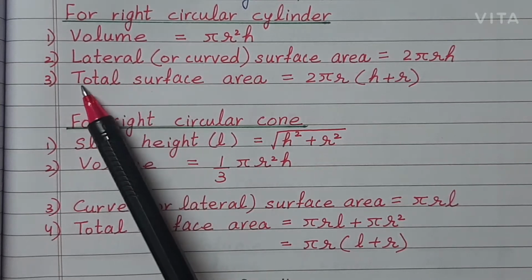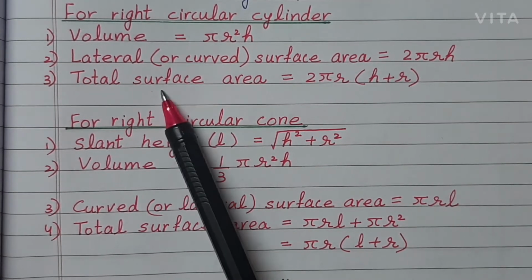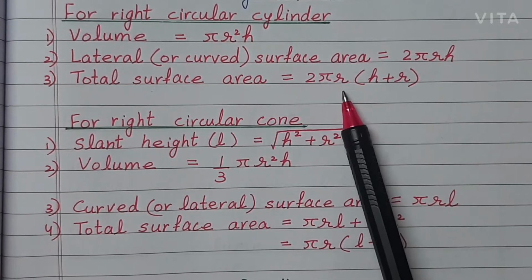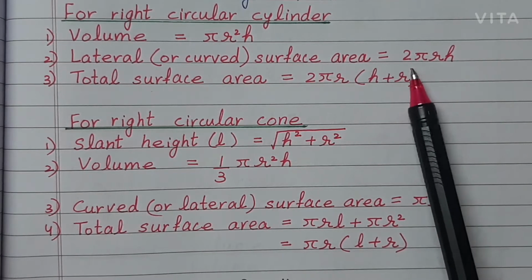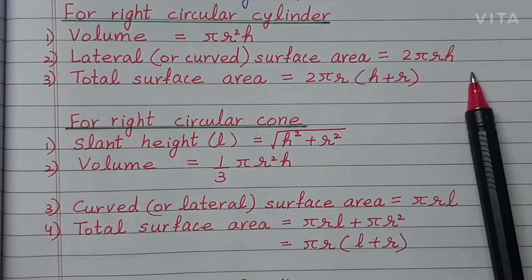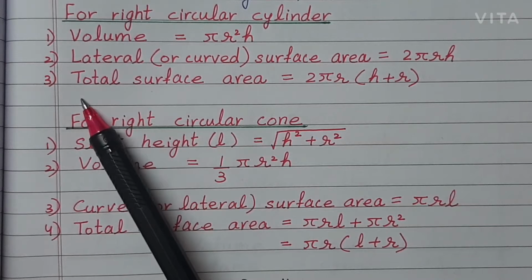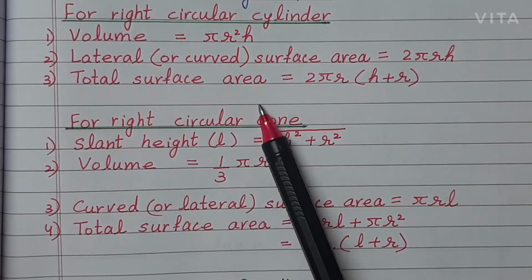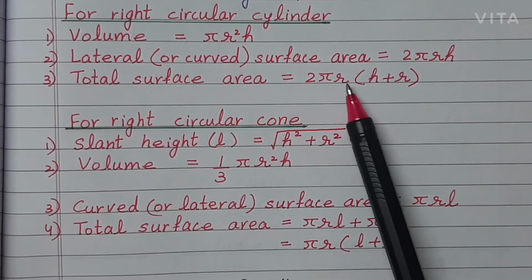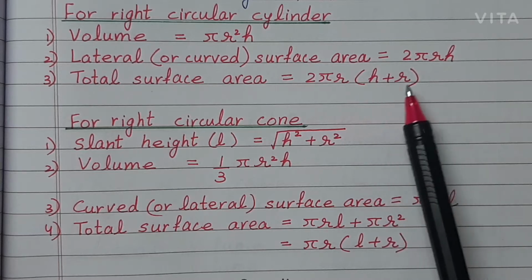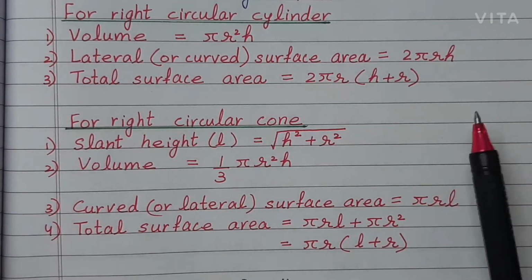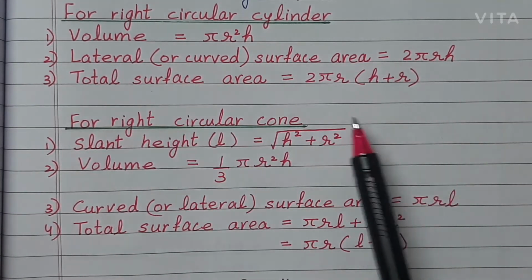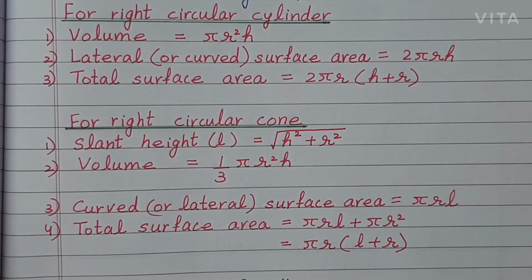Second is lateral or curved surface area, that is 2 pi r h, and the total surface area is 2 pi r (h plus r). Students, the derivation of all these formulas we have already discussed in the assignment. I hope you remember that.